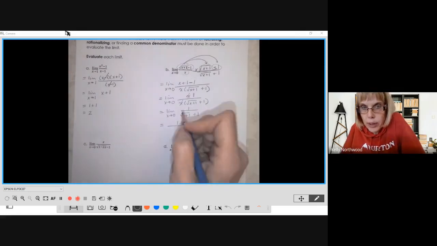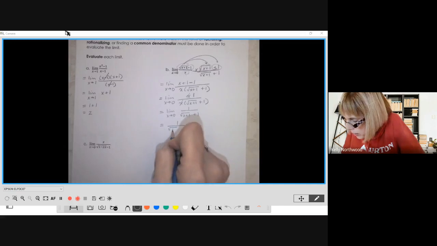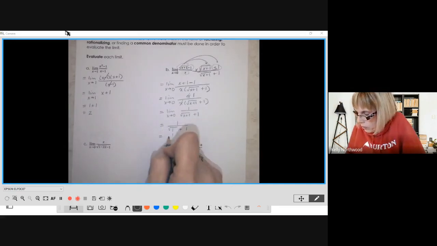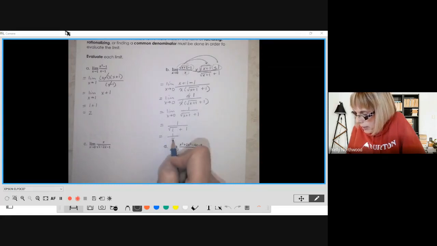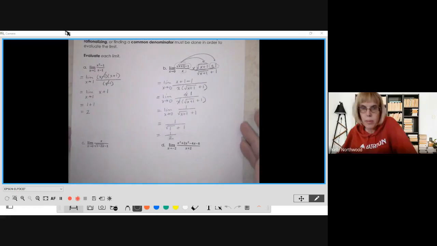So that's going to give me 1 over, as x approaches 0, the root of 1 plus 1, which is going to be a half. Any questions about that one?